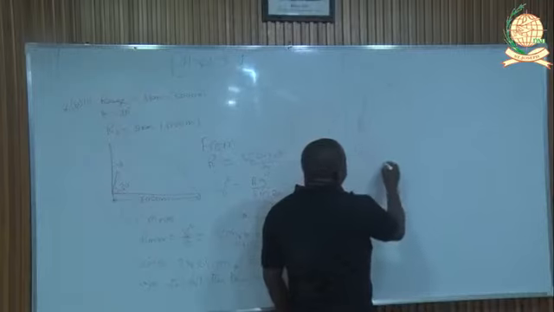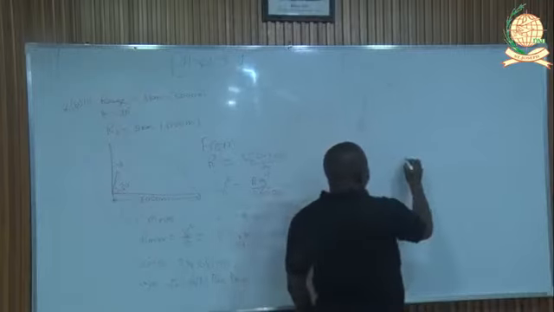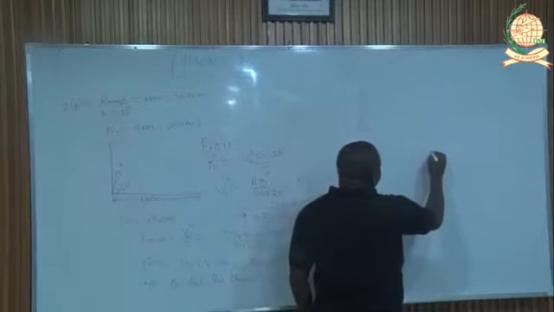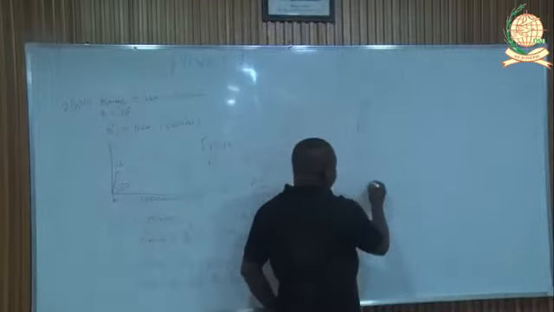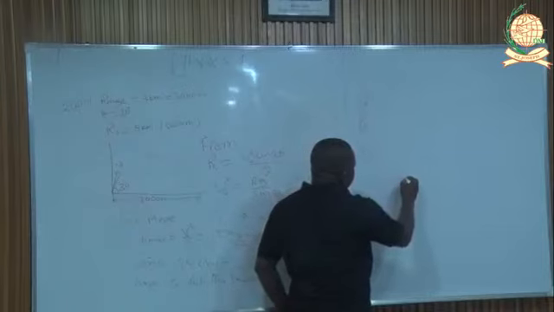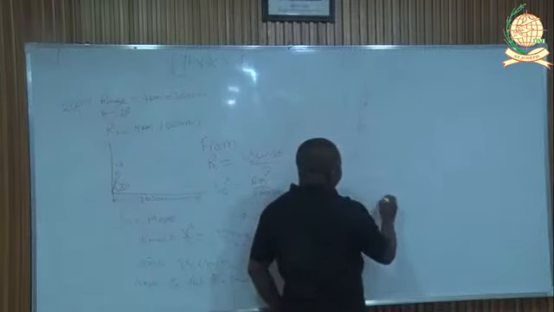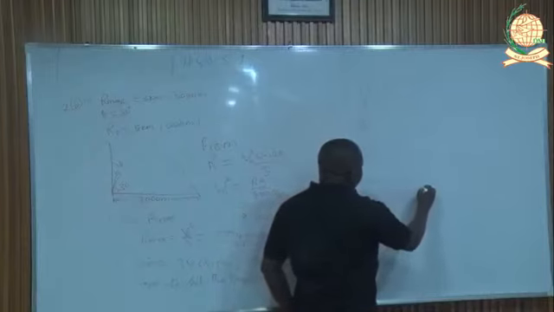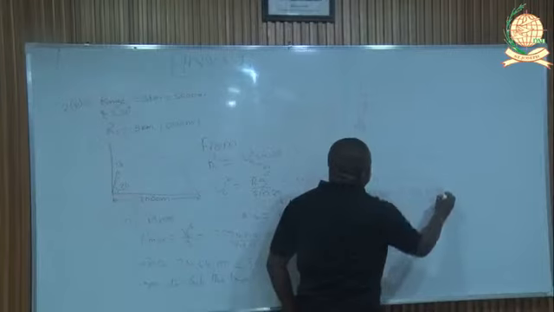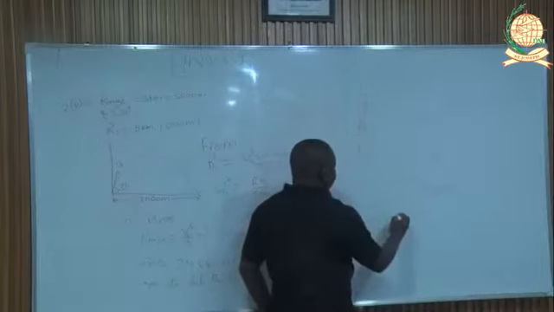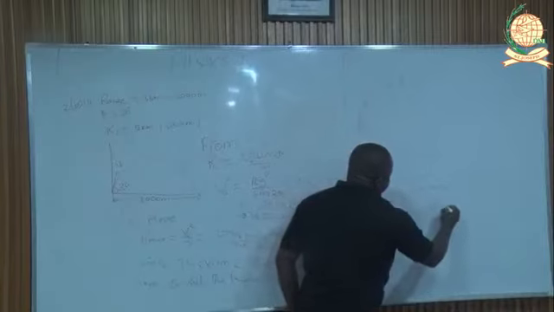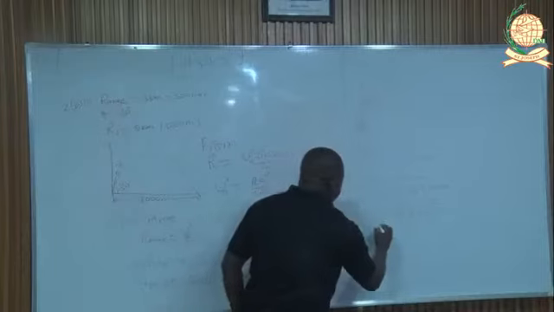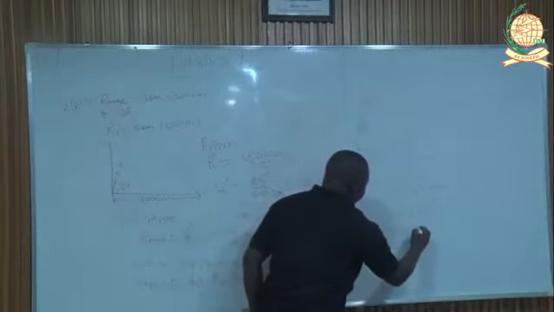Velocity at any point on the trajectory is given by the velocity along the horizontal combined with the velocity along the vertical. At the maximum point, Vy is equal to 0, Vx is equal to V0 cosine of theta. Then V is equal to the square root of (V0 cosine theta) squared plus 0 squared. You get V equals V0 cosine of theta.